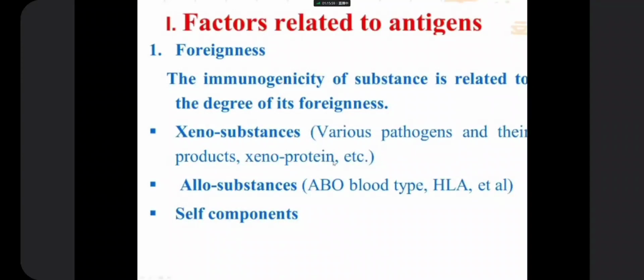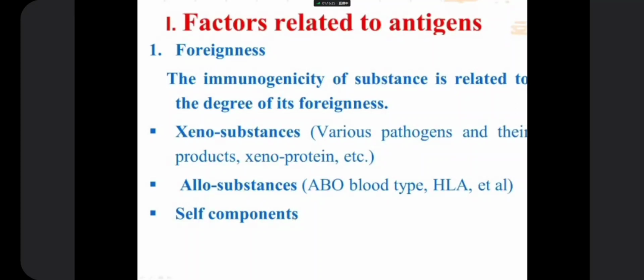The second group is allosubstances. Examples: ABO blood type and HLA. The third group is self-components.